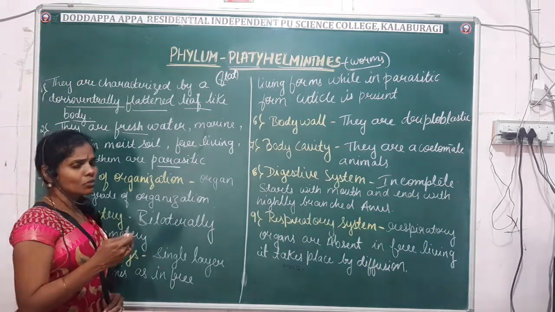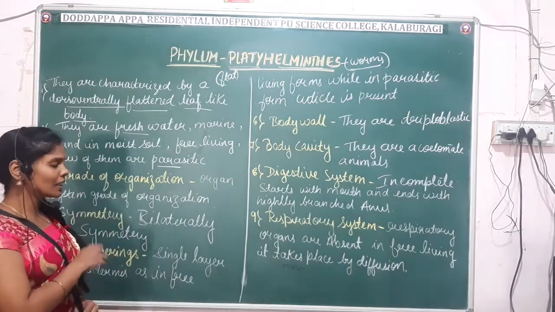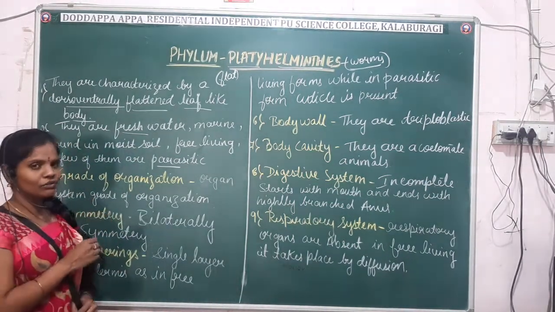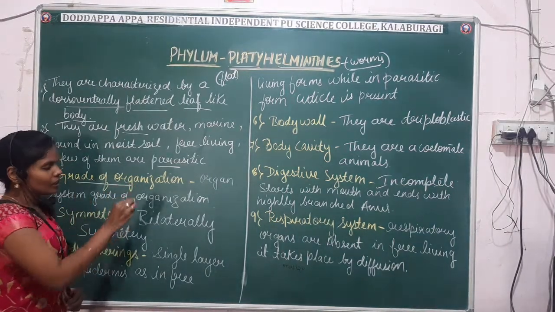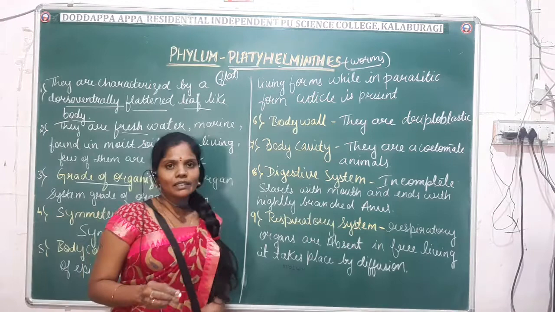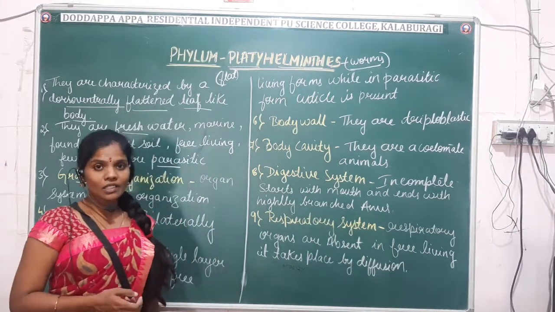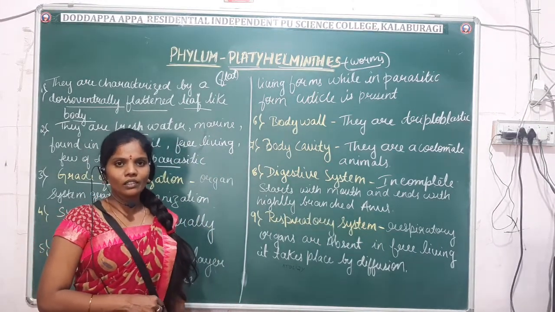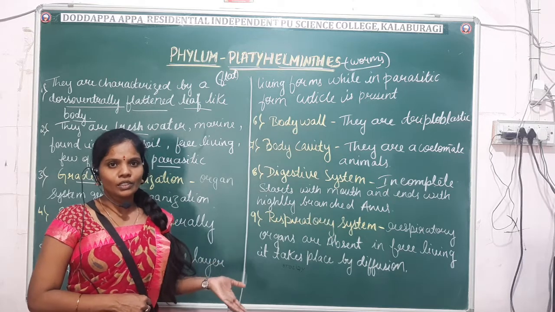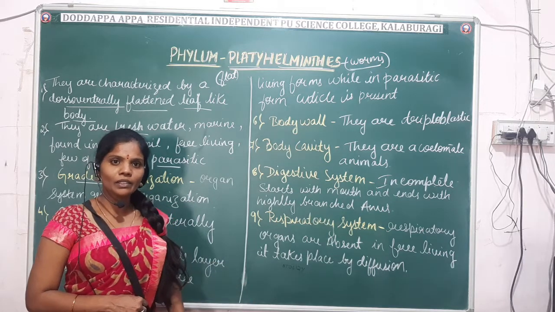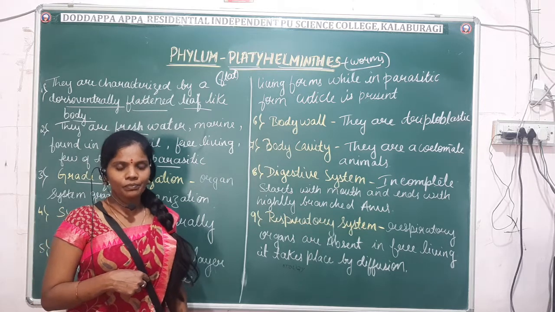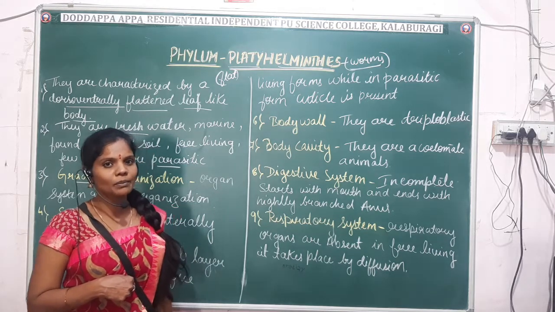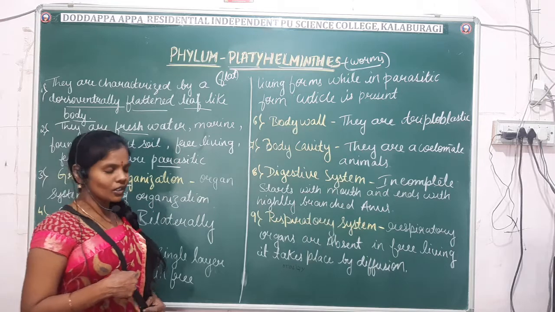Let us move to the characteristic features. What are the general characteristic features exhibited by the phylum Platyhelminthes? First comes the grade of organization. Platyhelminthes exhibit the organ system grade of organization. From Porifera to Ctenophora, we have studied that they exhibit cellular level and tissue grade of organization. Now Platyhelminthes exhibit organ system grade of organization.